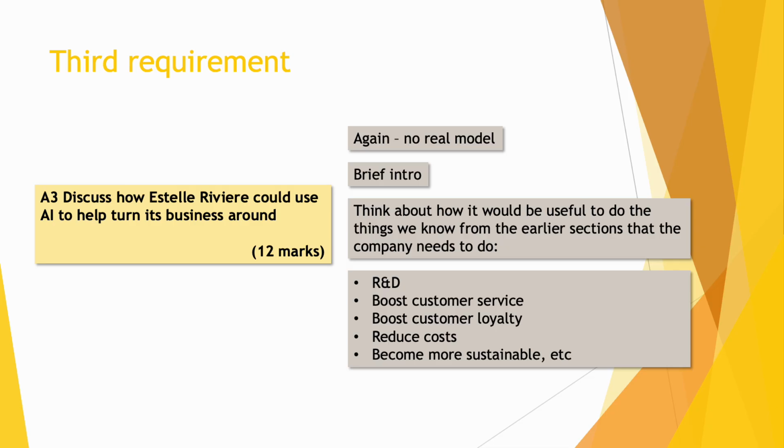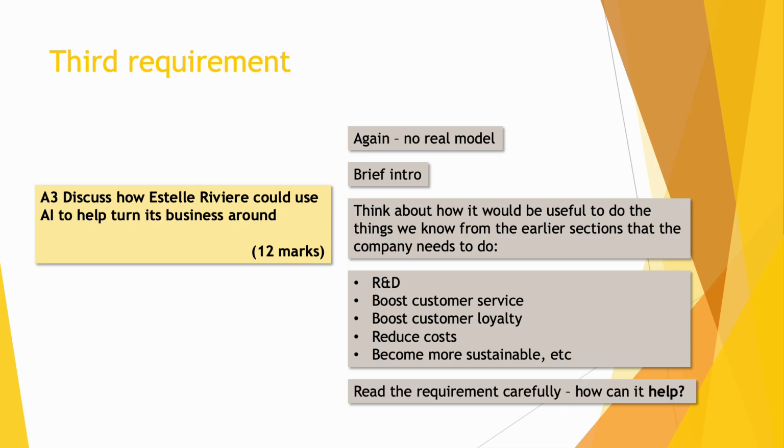So you can almost use what you know about the business to create a structure to look at the different ways that AI can benefit the business. Now, the other thing that I would really be careful of here is again, to make sure you have read the requirement really carefully. It's asking you essentially, how can it use AI to help turn its business round? So it's not asking you for a critique.